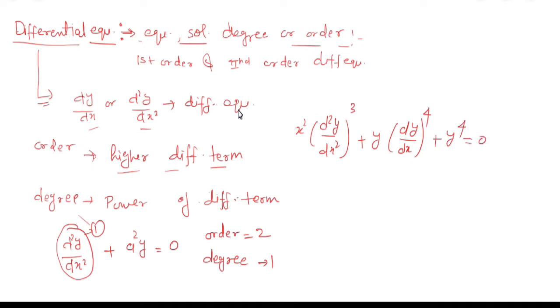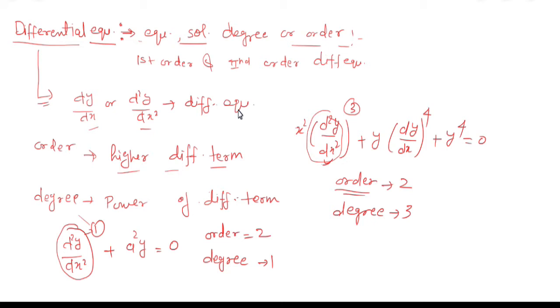Now if you see this differential equation, the maximum differential term here is d2y by dx square. So the order of this equation will be 2, and the power of the maximum differential term, d2y by dx square, is 3. So the degree of this equation will be 3.